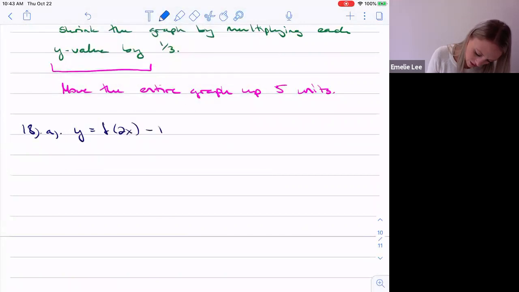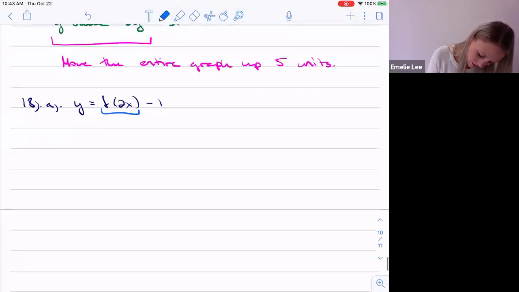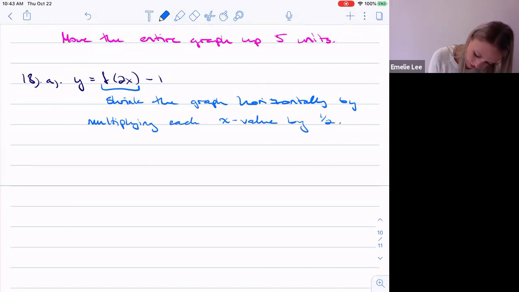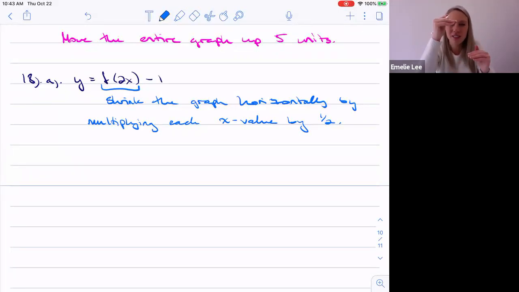So the first thing we're going to do here is shrink the graph horizontally by multiplying each x value by 1 over 2. Right, so now it's going to be shrunk like this, not vertically. Vertically it stays the same, but it's just shrunk in like that.